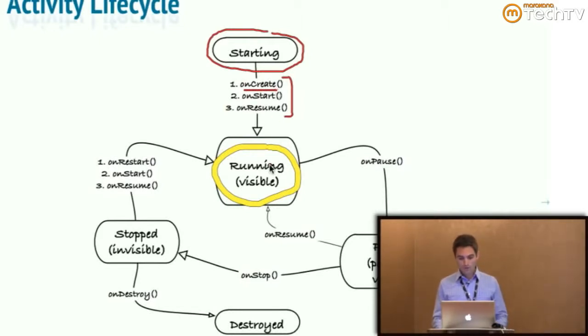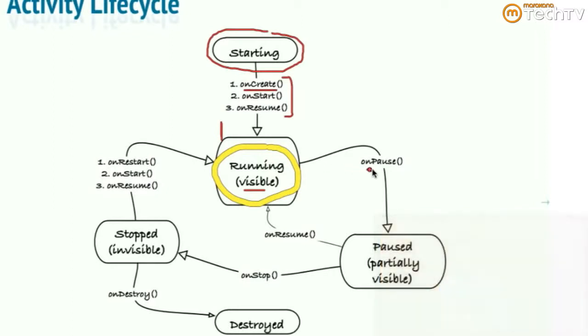So right now, your activity is in a visible state or so-called running state. What that really means is that it's on the screen interacting with the user. So you can only have one activity in this state at any point in time. Only one can be in focus, interacting with the user. At some point, user wants to jump to another screen. So what happens is your activity is going to go via on pause to a pause state.